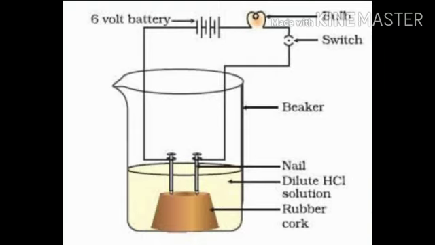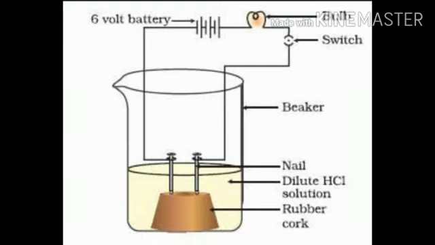You can see clearly in this figure. We will take the solutions of glucose, alcohol, hydrochloric acid, and sodium hydroxide, and pour the solutions in the beaker one by one and perform the experiment.